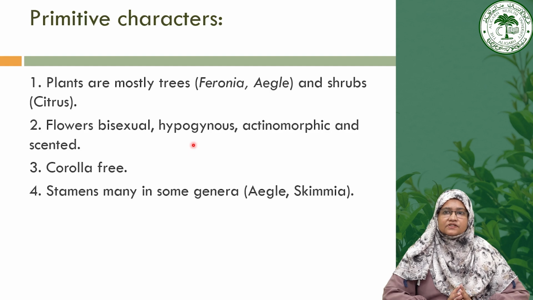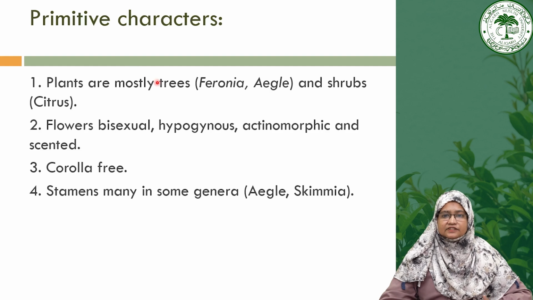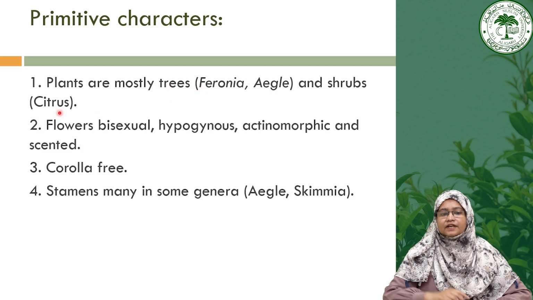Now moving towards the primitive characters present in this particular family. As we can see, plants are generally trees, as in case of Feronia or Aegle, and may be shrubs in case of Citrus. The flowers are bisexual, hypogynous, actinomorphic, and generally scented.